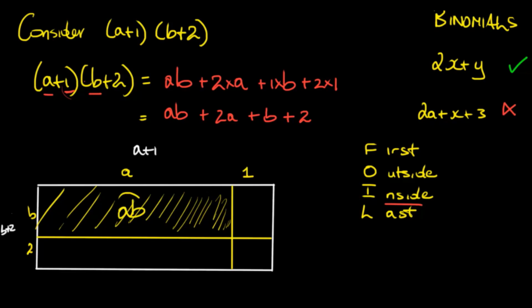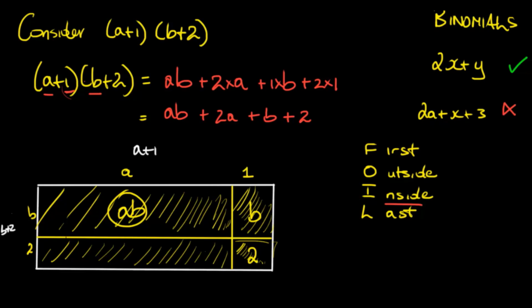So I can call this ab. Likewise, for this rectangle right here, I know that its length is b and its width is 1. So I can call this 1 times b, or just b. What would be the dimensions for this little rectangle right here? Well, as you notice, its width is 1, its length is 2, so I can call this 2 because it's going to be 2 times 1. And finally, this long piece of rectangle right here would be a times 2, because one side is 2 and one side is a.